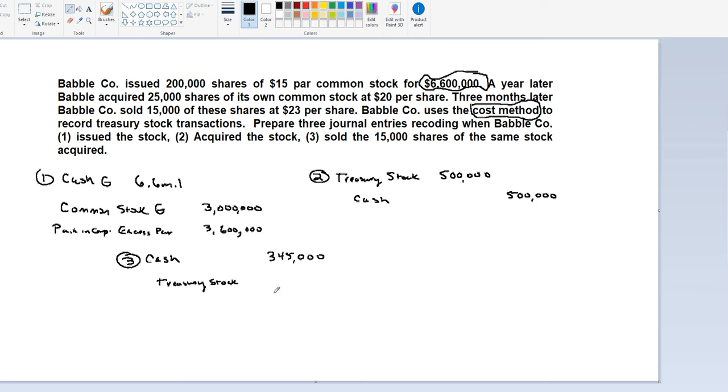But because we resold the treasury stock, what we have to do is record it at the cost level, which is $20 per share. So $20 times how many shares do we resell? $20 is what we bought it for, and we sold 15,000 shares, so that's going to give me $300,000. Like I said, this is $20 times 15,000 shares.